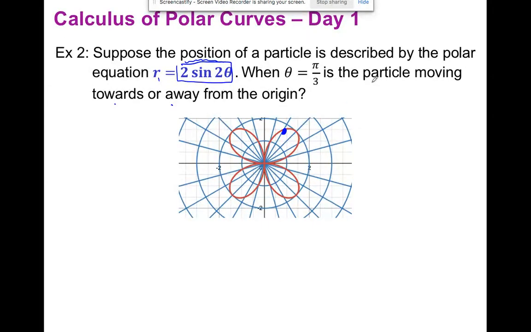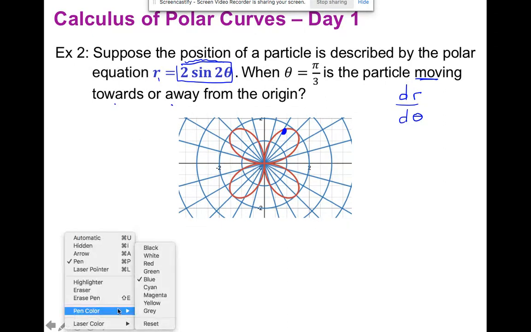And they want to know, is the particle moving? That's not dy dx. That's the rate of change of the radius with respect to the angle, because that's how I'm plotting. Radius, angle, radius, angle. So what is dr d theta? Well, you've got r.